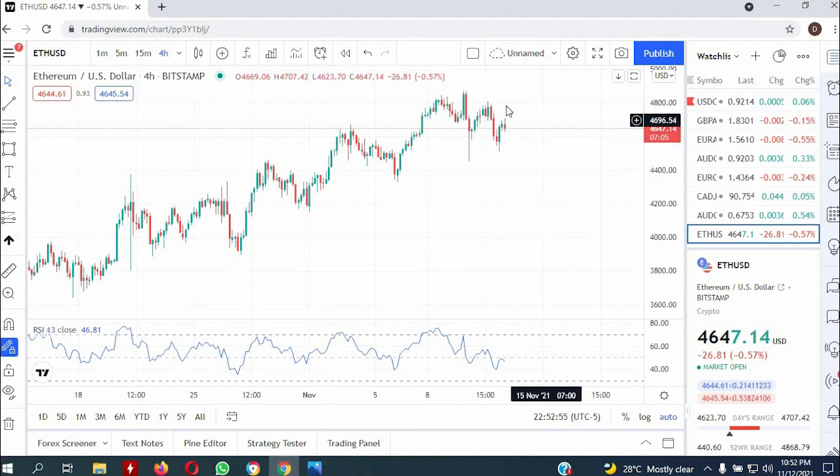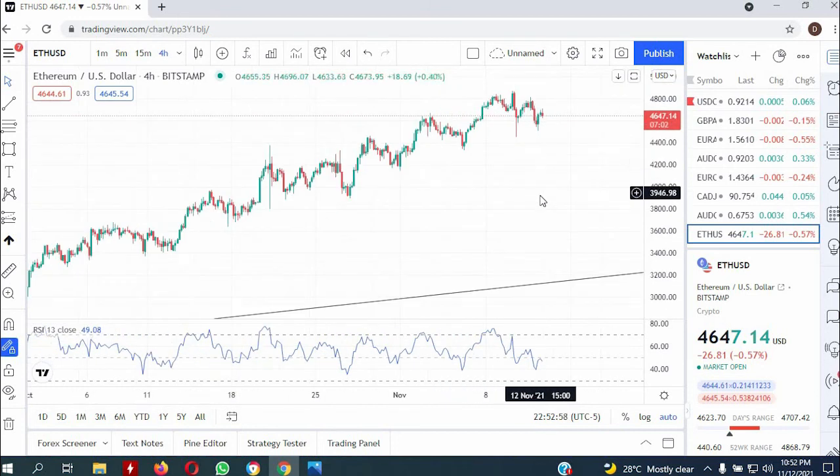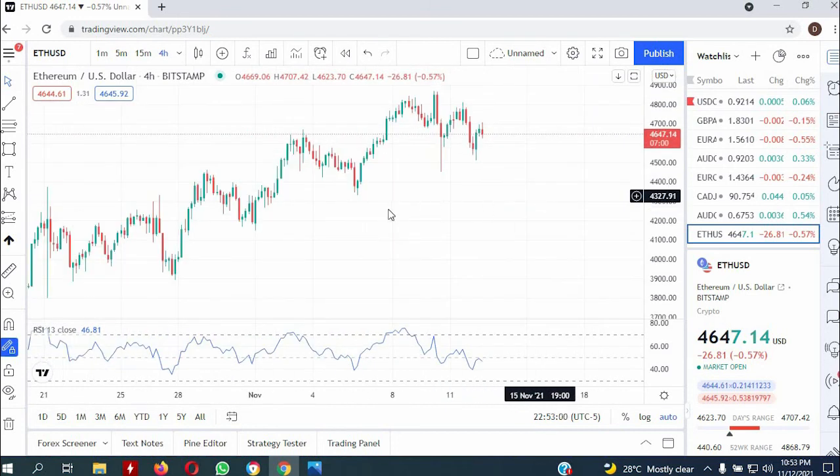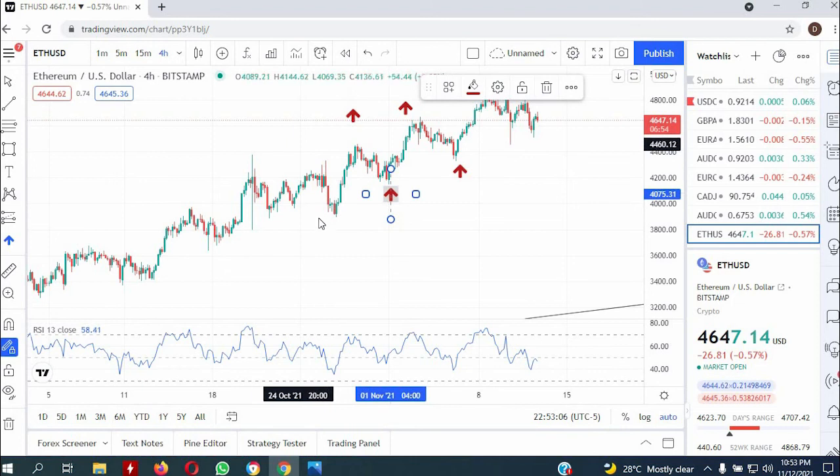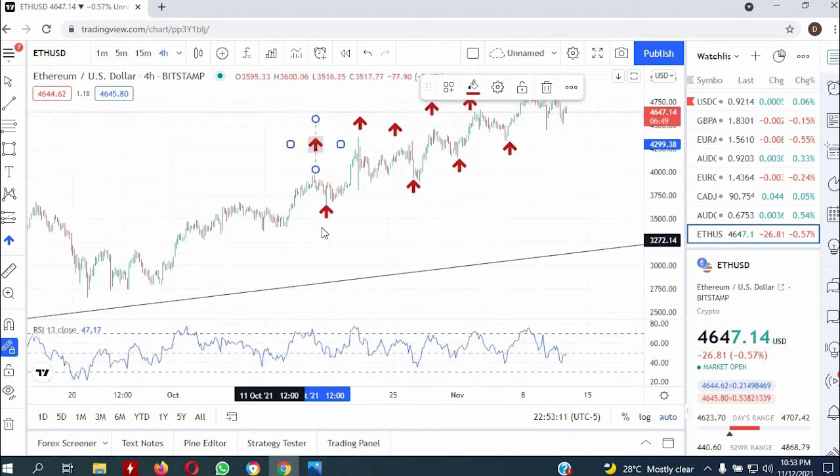making a pullback. Making a series of clear higher highs and higher lows.